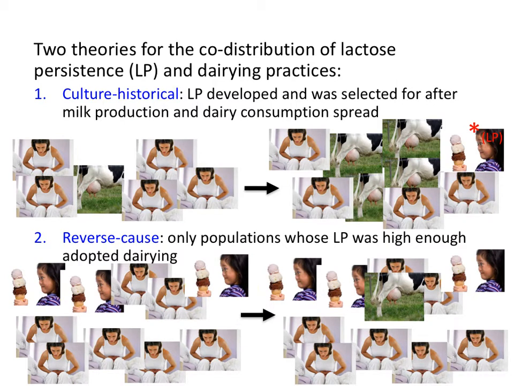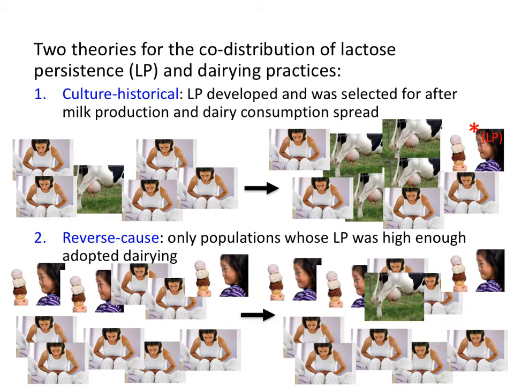We're probably not going to get much into genetically modified organisms today, but they came up with two different theories for how lactose tolerance might have occurred and why there's this overlap between where domestication of animals for milk production occurred and where this mutation occurs.